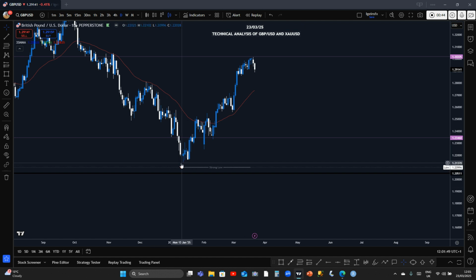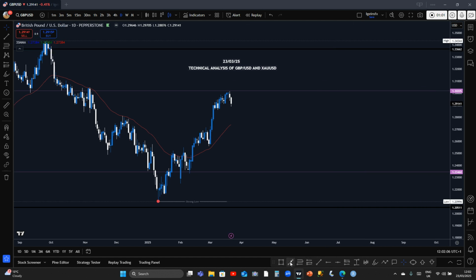Since the 13th of January, we experienced this rejection here, and since then we've been pushing up, as in bullish.